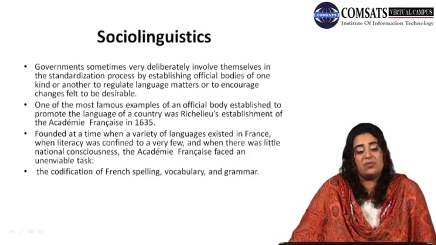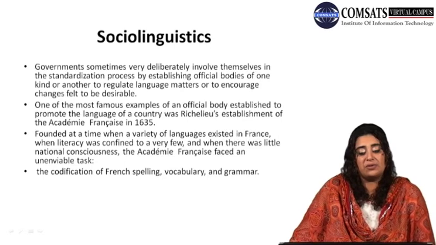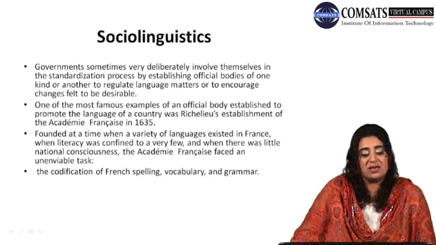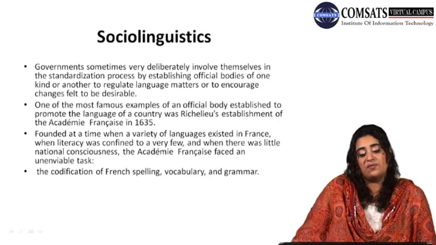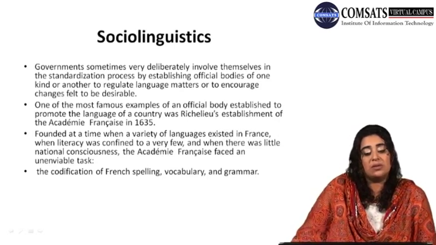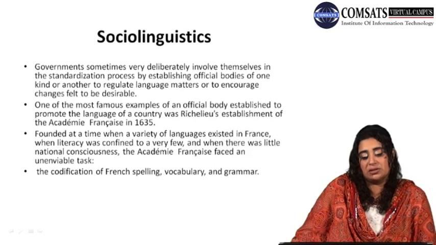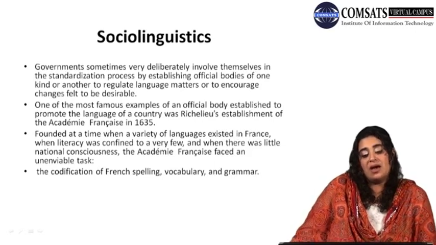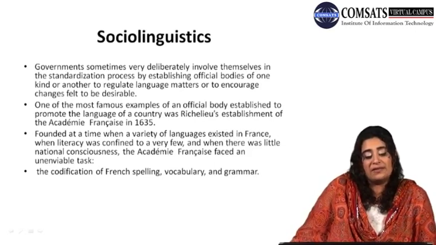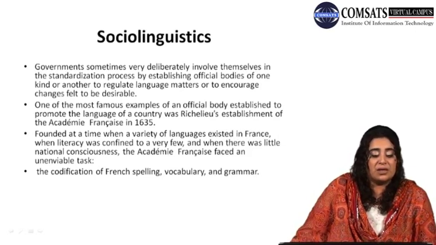Now, it was founded at the time when a variety of languages existed in France, when literacy was confined to a very few, and when there was little national consciousness. So the Académie Française faced an unenviable task: the codification of French spelling, vocabulary and grammar.